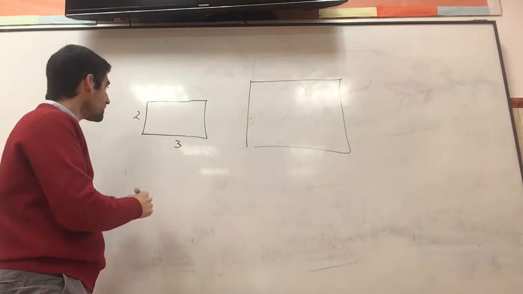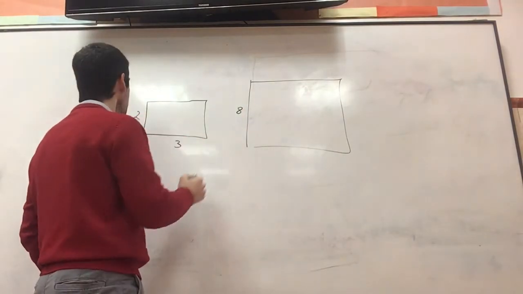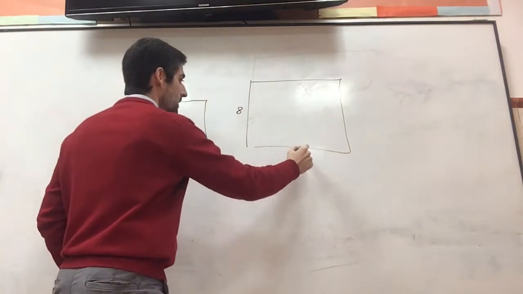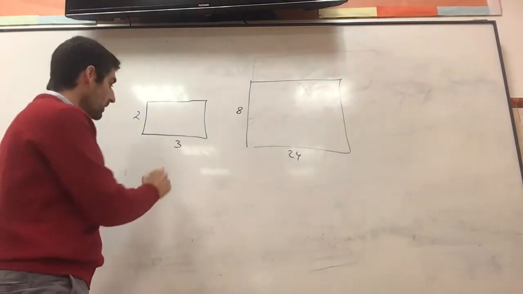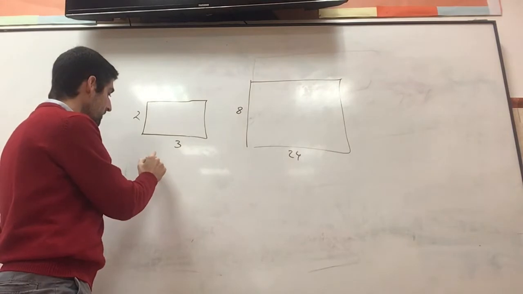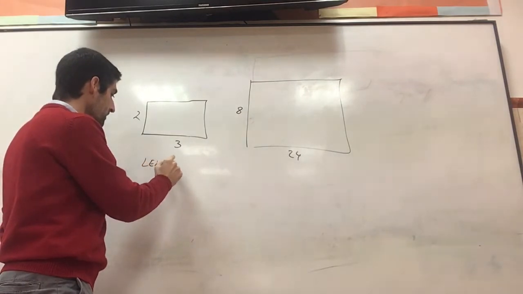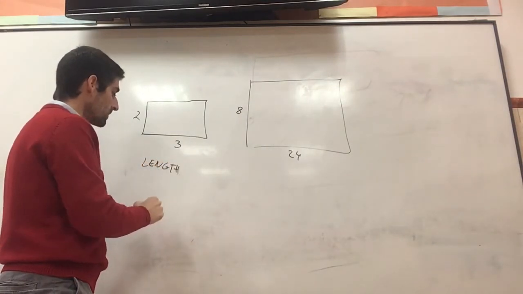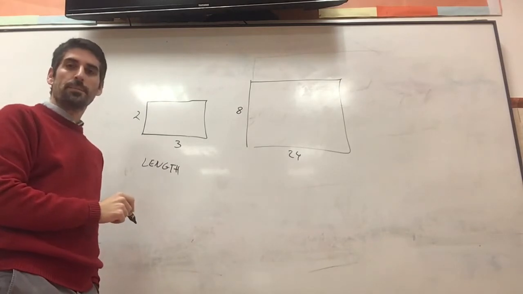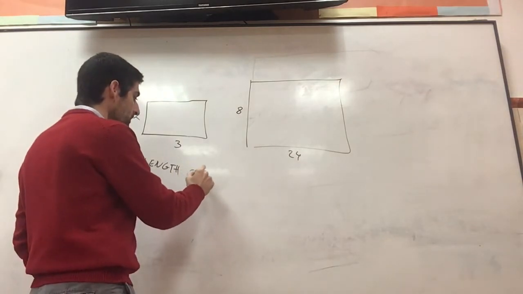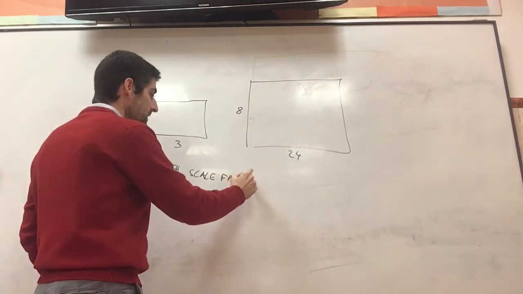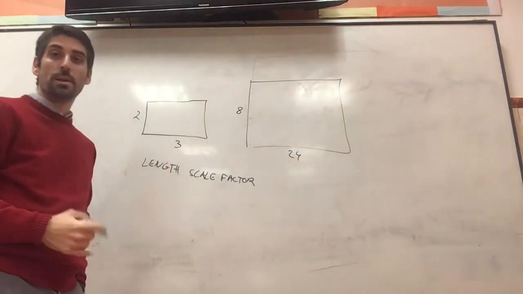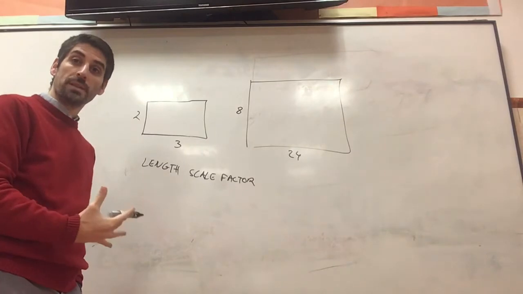So, if this is that, I can find what we call the length scale factor. And the length scale factor is going to be really, really important to solve these kind of questions.